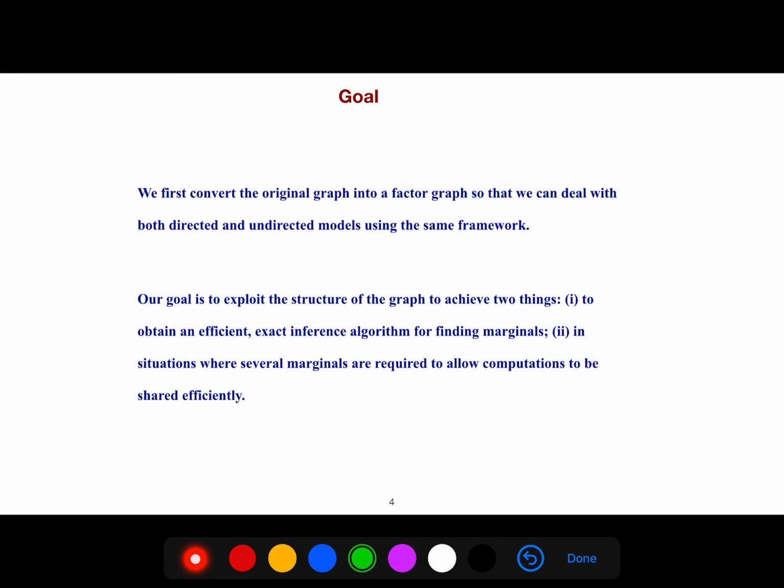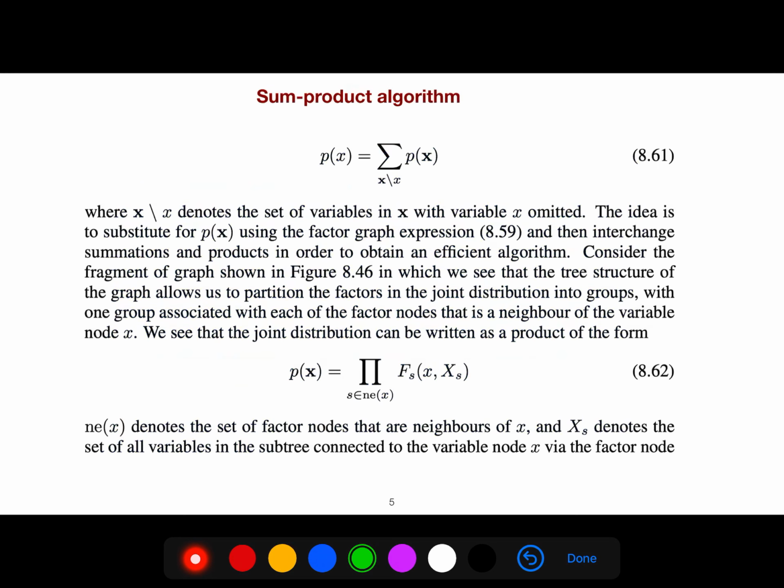So our goal is to exploit the structure of the graph to achieve two things: to obtain an efficient, exact inference algorithm for finding marginals in situations where several marginals are required, to allow computations to be shared efficiently. So the sum product will sum over all x except the one that you're marginalizing at.